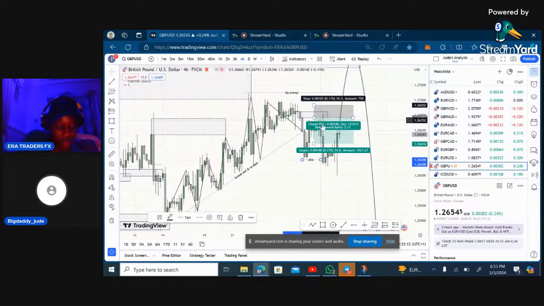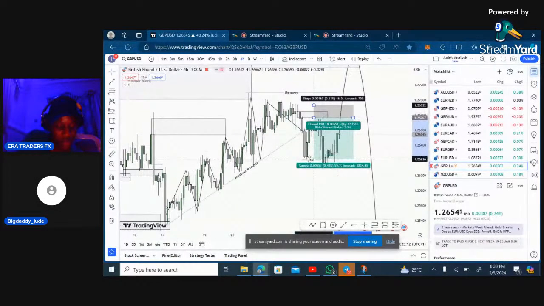You sold around this retest zone, then your TP was around here. That's an easy 55 pips for you if you're a retail trader and you saw these breakouts and retests.